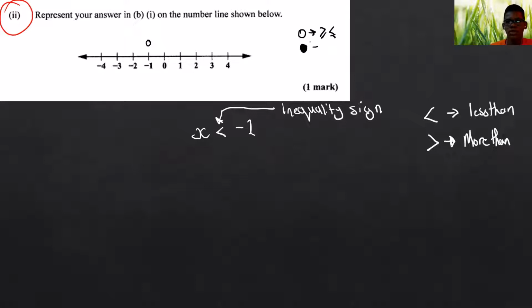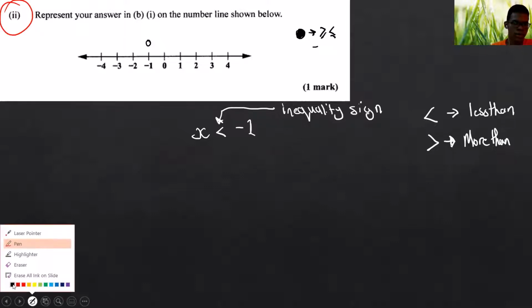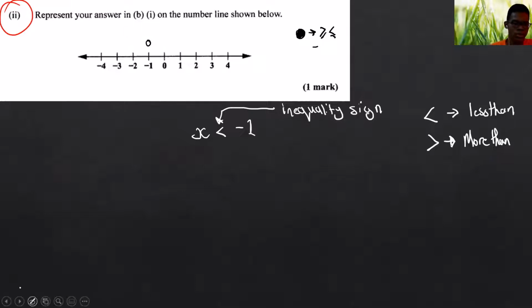I say you color, and I'm leaving the one that is not colored. So you fill it in when it's a more than or equal to or less than or equal to sign. If it's just a less than sign, or just a more than sign, you put a casual empty circle.